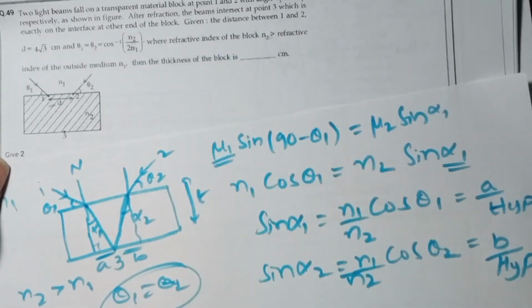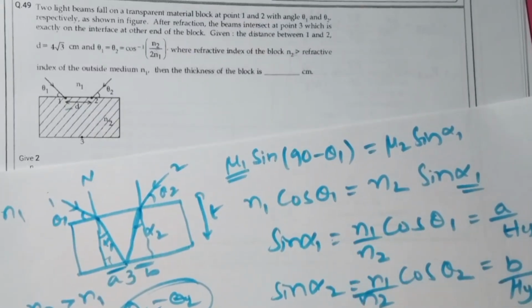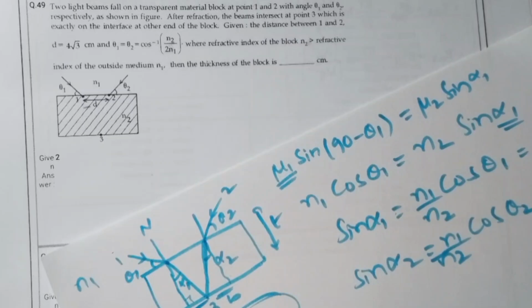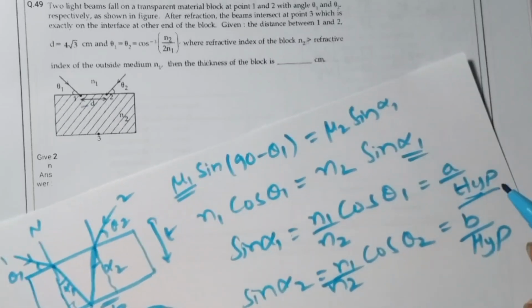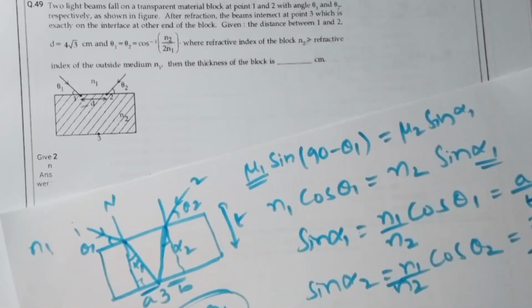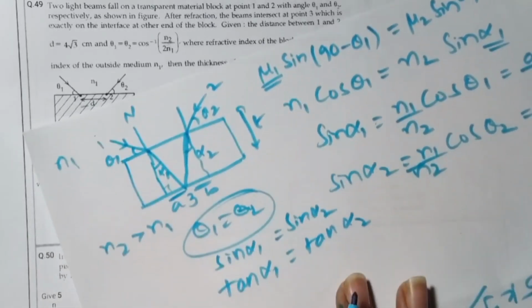But we need the thickness of the slab. If you observe carefully, since theta 1 equals theta 2, that means sine alpha 1 equals sine alpha 2. Because we don't know the hypotenuse, how can we know the thickness of the slab? So since sine alpha 1 equals sine alpha 2, we also have tan alpha 1 equal to tan alpha 2, right?